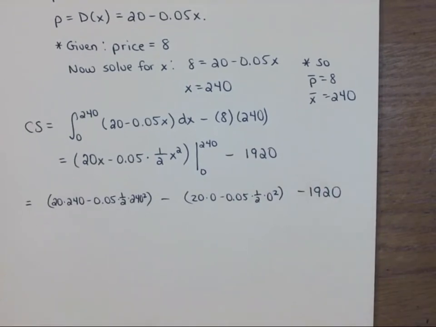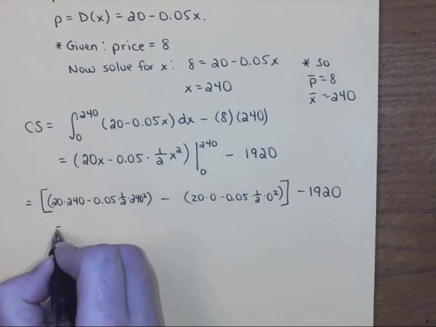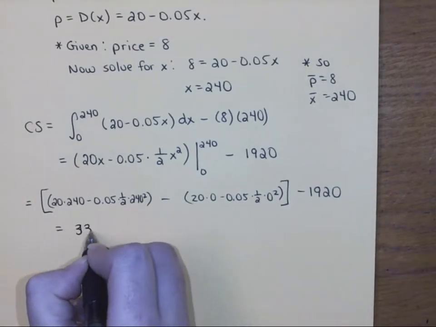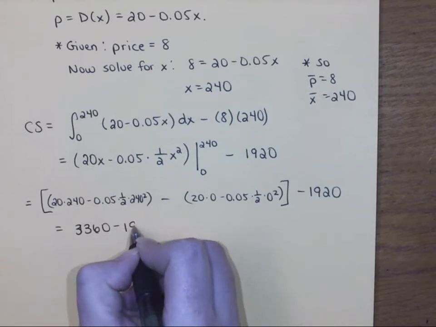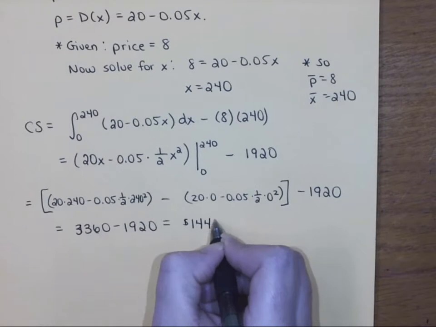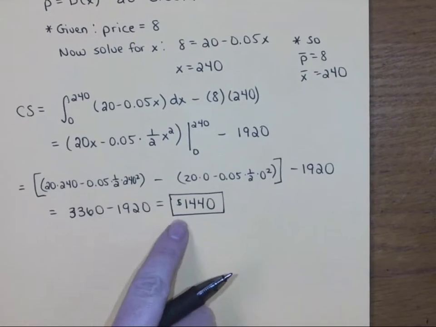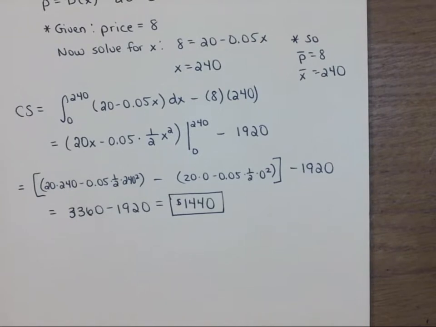It's just a big fat 0. So if you work this out ahead of time, you're going to get 3360 minus 1920. I already pre-figured these out, so I want you to make sure you punch this in the calculator and you actually get 1,440.